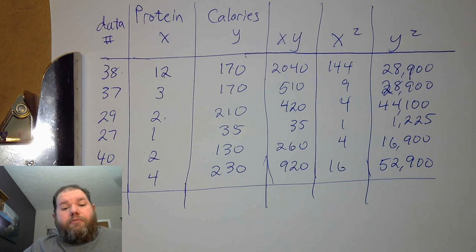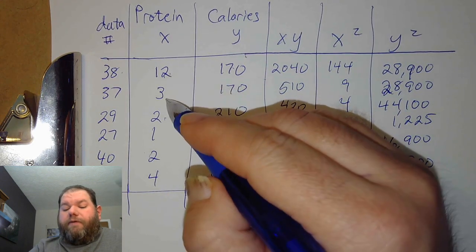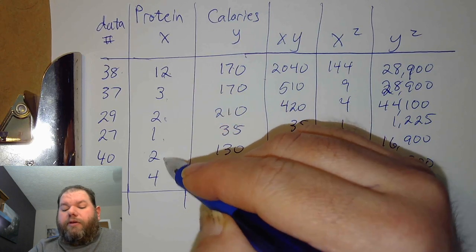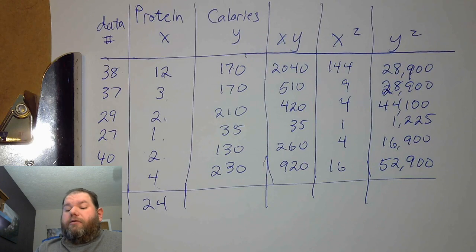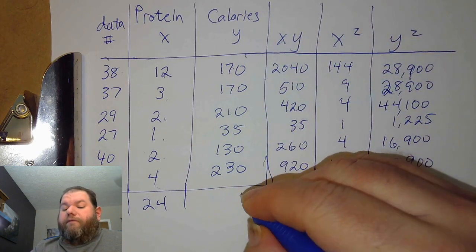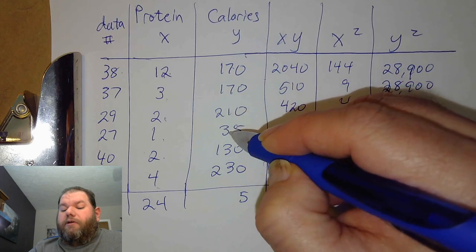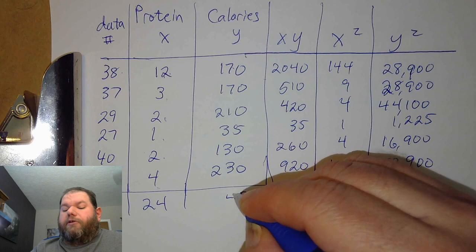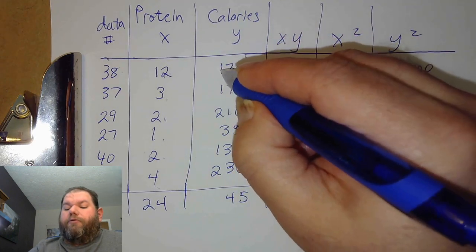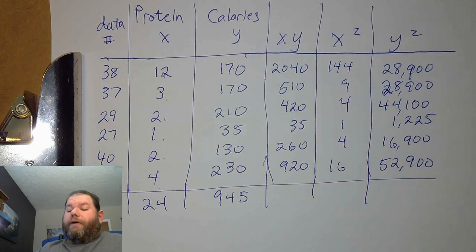Okay, next step, we add each of our columns together. For instance, this first column is 12, 15, 17, 18, 24. For calories, we know it ends in 5. Let's see. 14, 15, and then 9 makes 24. So put down the 4, carry 2, 3, 4, 5, 6, 7, 8, 9. So 945.